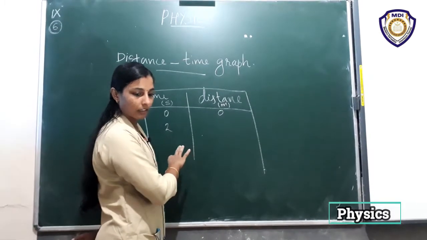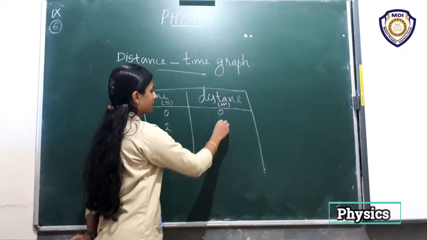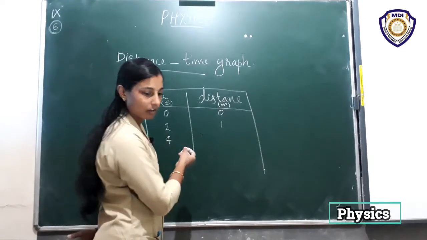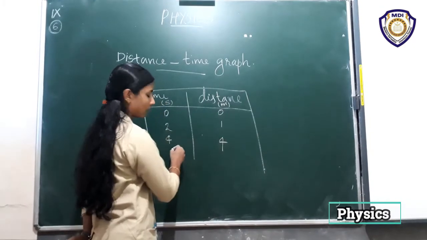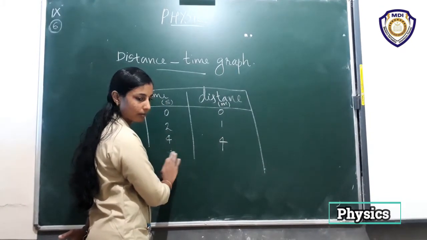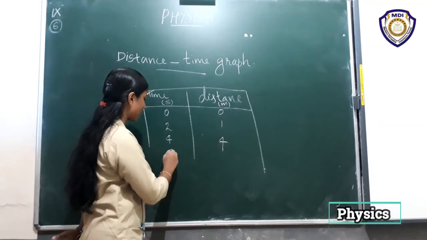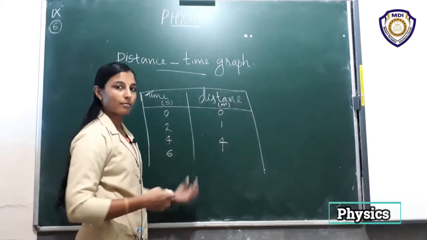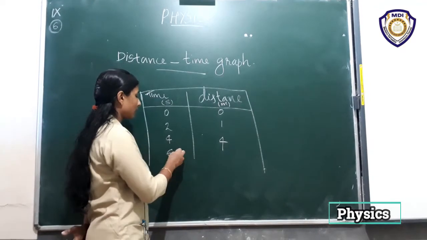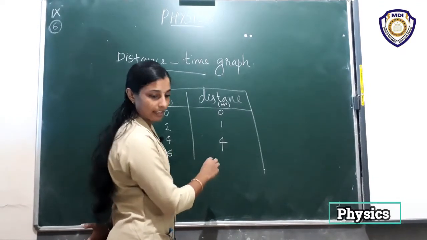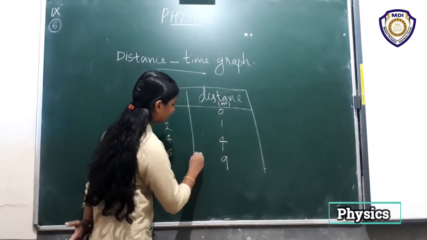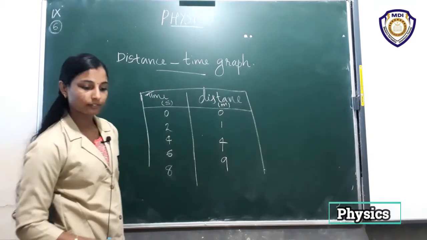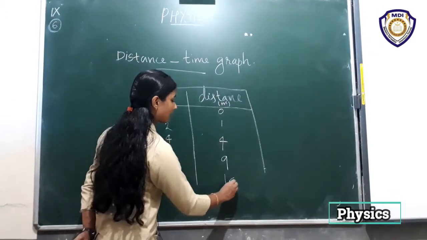At 2 seconds it travels 1 meter, and at 4 seconds it becomes 4. The times 2, 4, 6, the time interval changes by 2, right? At 6 seconds, it is 9. And in 8 seconds, the distance covered is 16.